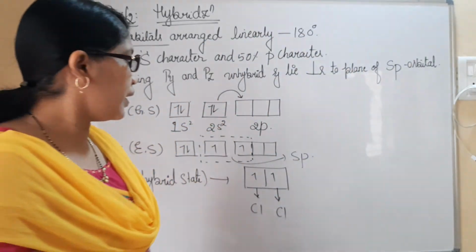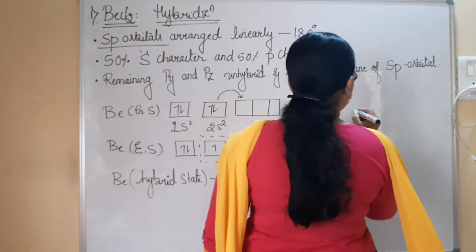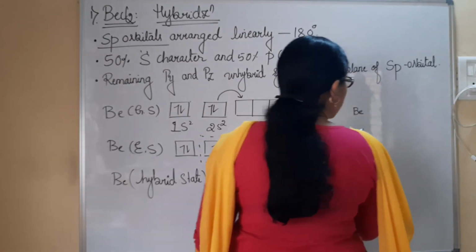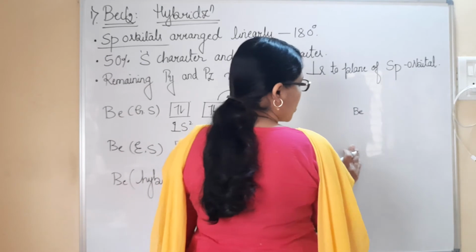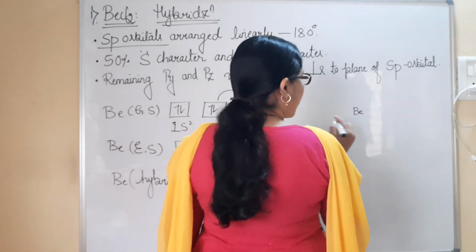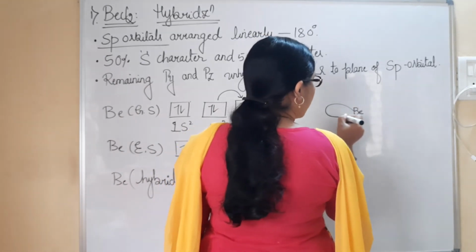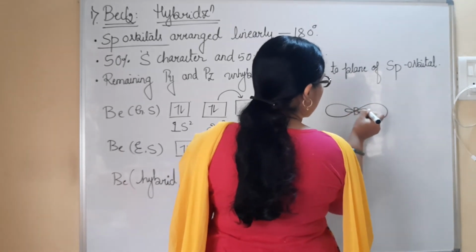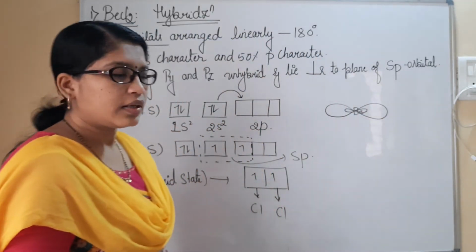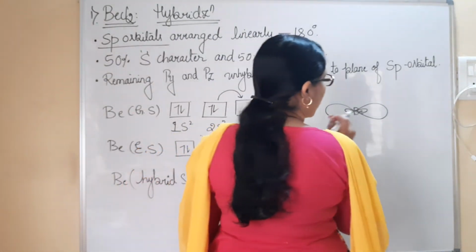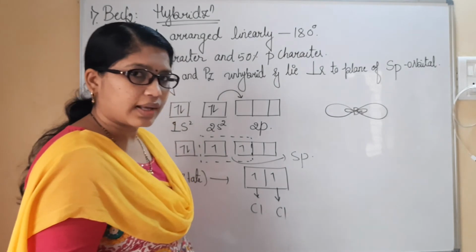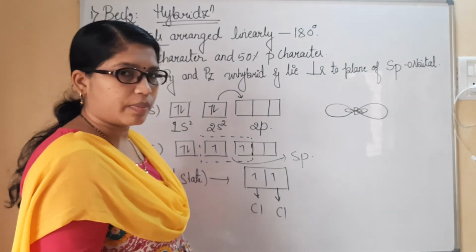Now after intermixing we have beryllium at the center. It had an s orbital as well as a p orbital. After intermixing, it will look like this. Fine, so this is the beryllium molecule. We know that chlorine, being a p block element, will have p orbitals.